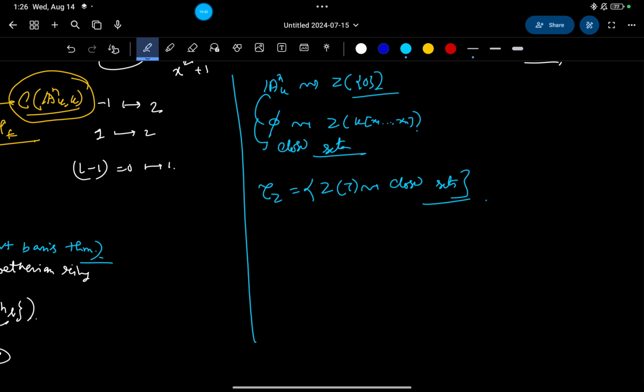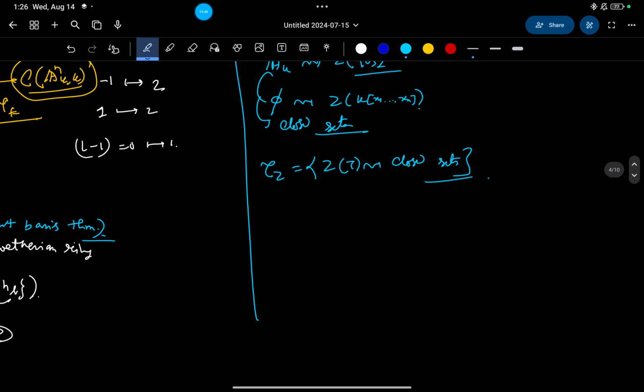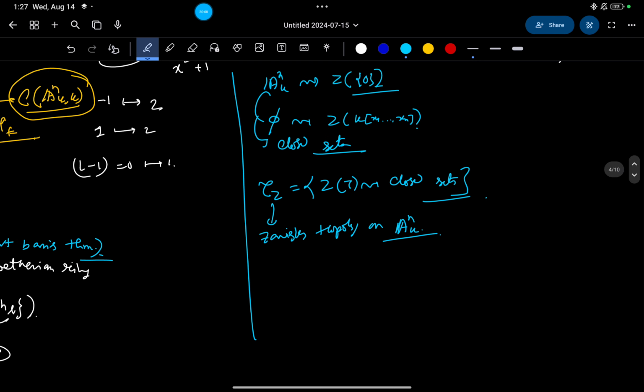Okay. Now this is said to be a topology on A^n(K).